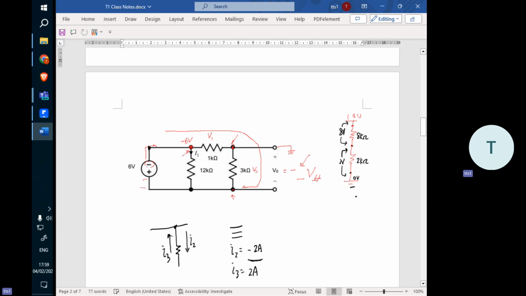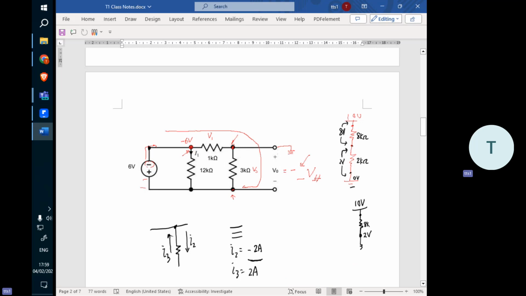From another perspective, starting at 10 volt, initially here is 10 volt, of course. And then after the 8 volt drop, here becomes 2 volt already. I mean the potential at this node is 2 volt.